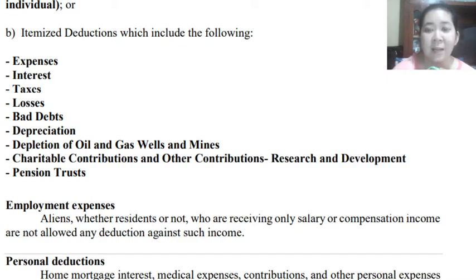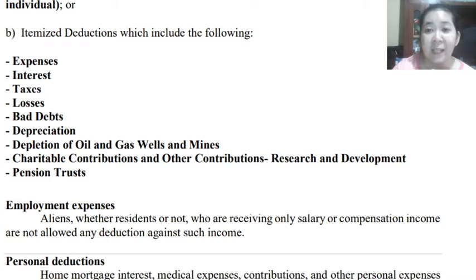But generally, these are expenses which relate to, for example, if you are having a business, those expenses that are directly related to the conduct of your business are allowed as deductions. Interest: these are your interest expense paid for your loan or liability. This is allowed as a deduction.